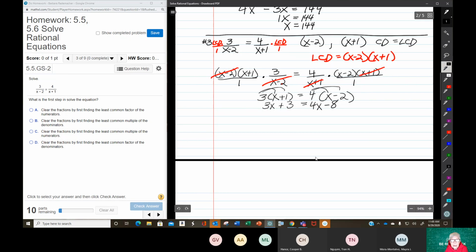And now I'm just going to solve this problem. I'm going to subtract 3x from both sides. We're going to have another 4x minus 3x is 1x. I'll have 0 plus 3 equals 4x minus 3x is x, 1x. Bring down the minus 8, and then add 8 over to both sides.